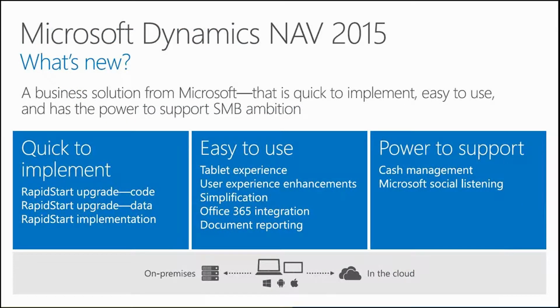So the high-level topics of what's new with 2015. Again, the focus was on driving down the time and thus the cost to the customer in order to perform an upgrade from a previous version to the latest version of NAV, as well as driving down the cost of doing new implementations. Second area of focus was on ease of use, and that ease of use you'll see prevalent throughout the entire application, whether that's on the tablet that we show you at the end, or just the simplification right within the rich client.